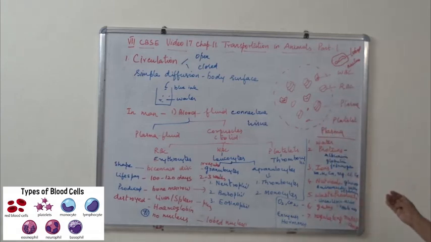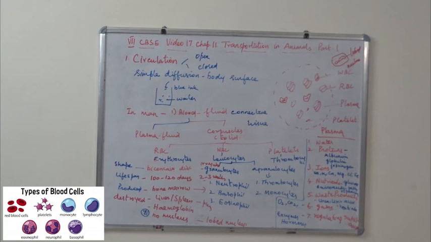I hope you are able to read. Water; protein as albumin, globulin and fibrinogen. Ions: sodium, potassium, calcium, magnesium, chloride ion and iron, plus bicarbonate. Nutrients: glucose, amino acids, fatty acids, triglyceride and cholesterol, and vitamins.